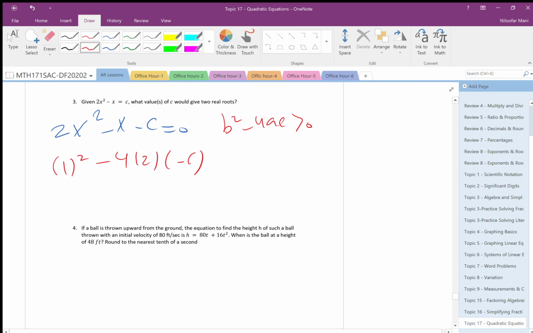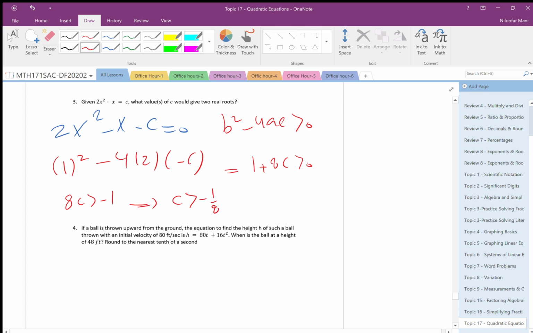So it is 1 plus 8c positive. So 8c is more than minus 1, and c is more than minus 1 over 8. C must be more than this.